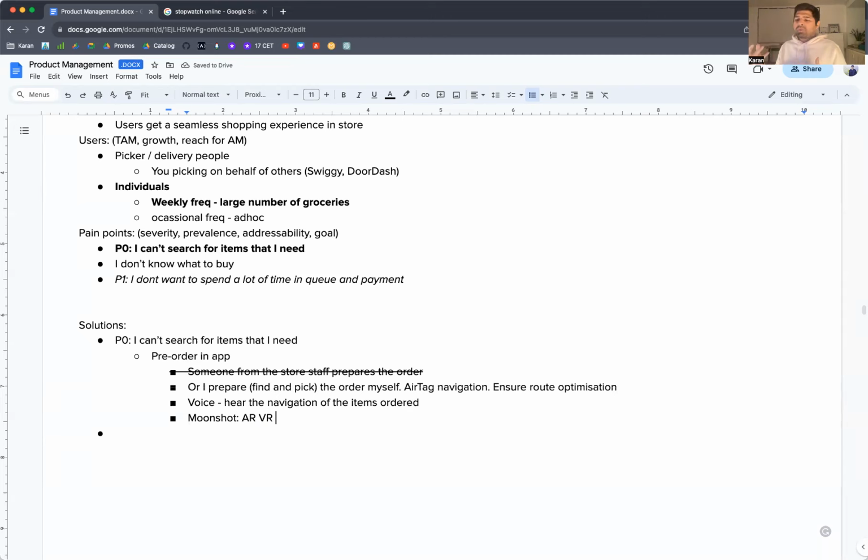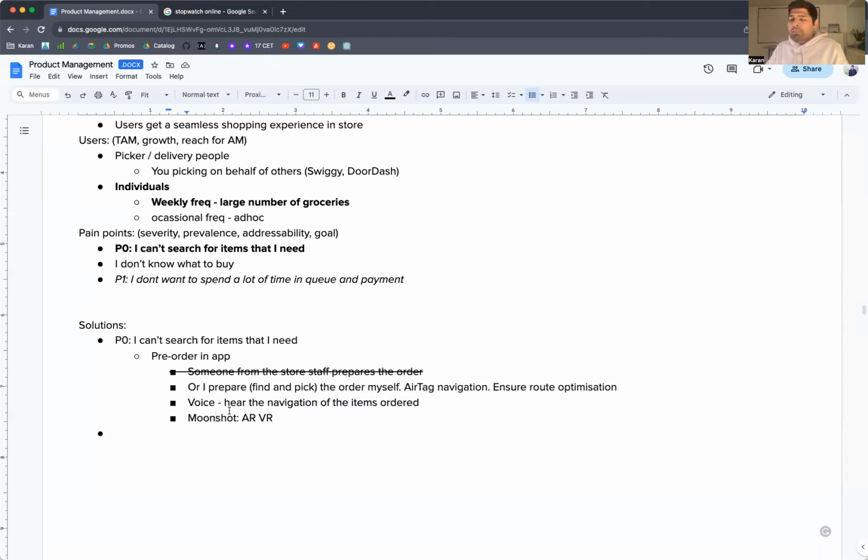I could have those icons or holograms, technically, that we see in movies, showing items over there on the left side, pretty similar to what happens in games. It's more like a graphical map, and I know where the things are, and I just need to navigate to those directions, and it could be combined with voice.